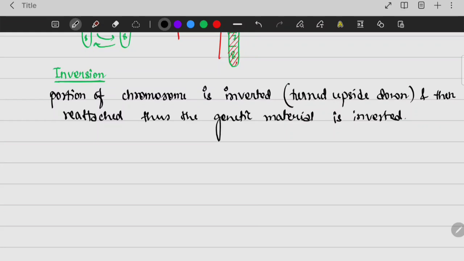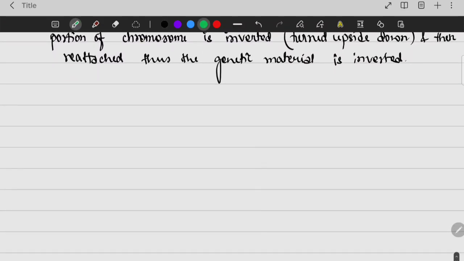So if I show this with a diagram, this is a chromosome, and there are some parts 1 2 3 4 and 5. This one is 1 2 3 4 and 5, but some kind of mutation leads to inversion.